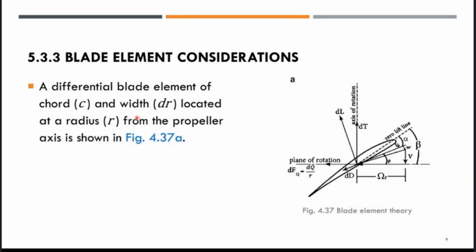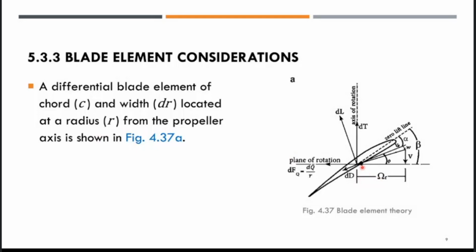In figure A, we have a differential blade element of chord C with width dr, just a small portion of the radius, located at a radius r from the propeller axis.